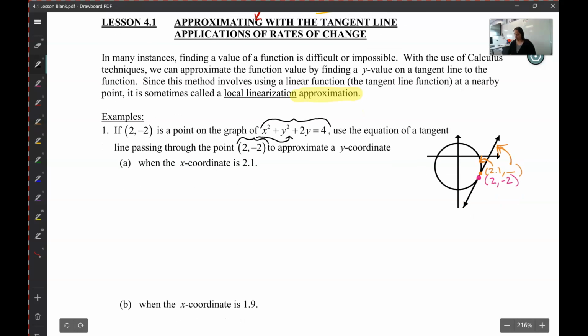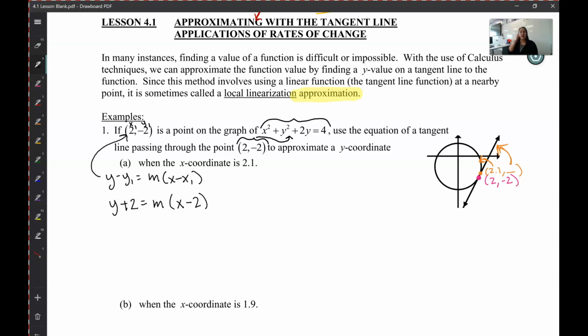So let's do an example right here. I have this point goes through this graph. I want to approximate this. So the first thing I'm going to need is to come up with the equation for my tangent line using the point given to me. So this is x1, this is y1, so I'm going to have y minus y1, which is a negative 2, so plus 2, equals m times x minus x1, which is 2.